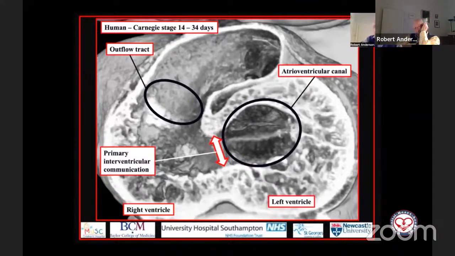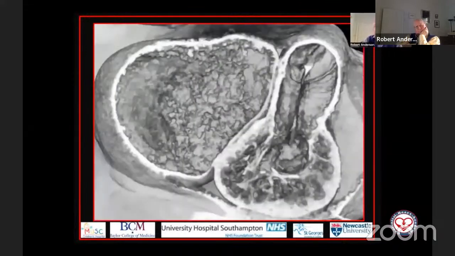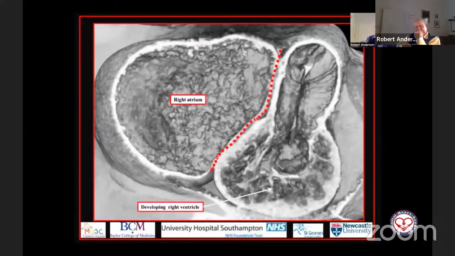So if I summarize what's going on at this stage, I'll show you another picture, a suboblique cut to show you the arrangement of the developing right ventricle at this stage. That is the cavity of the developing right atrium. You see there is no communication at this stage between the cavity of the right atrium and the cavity of the developing right ventricle.